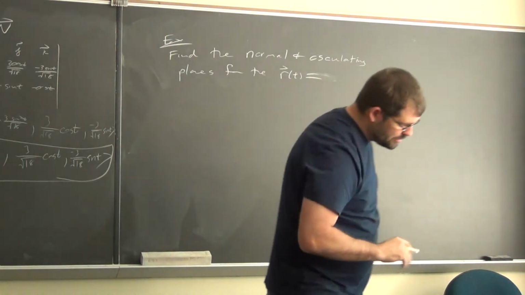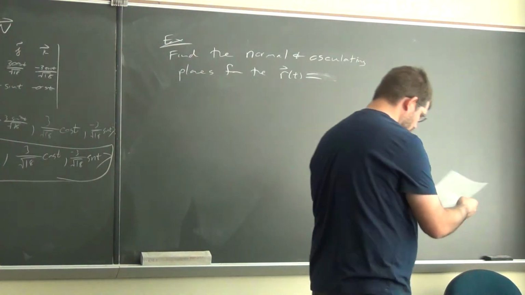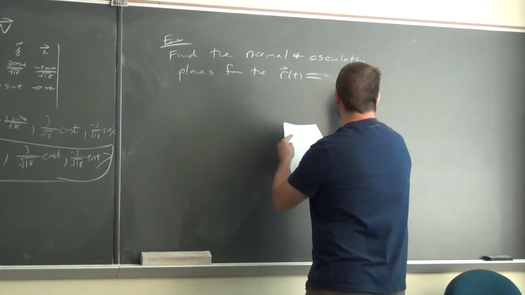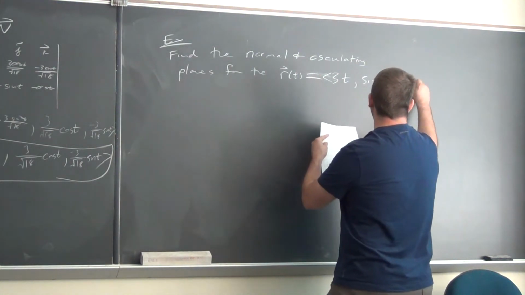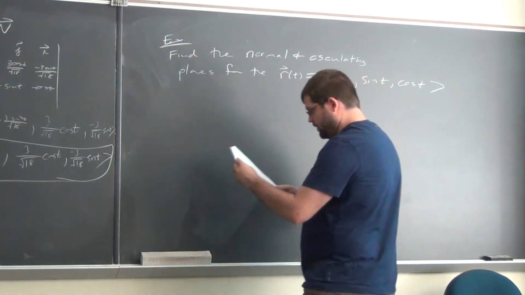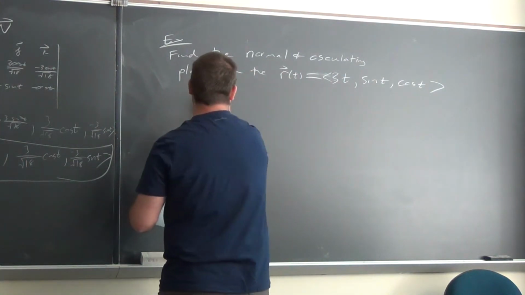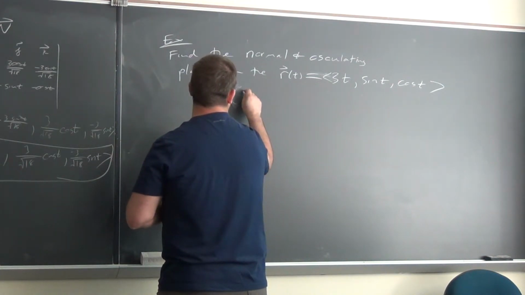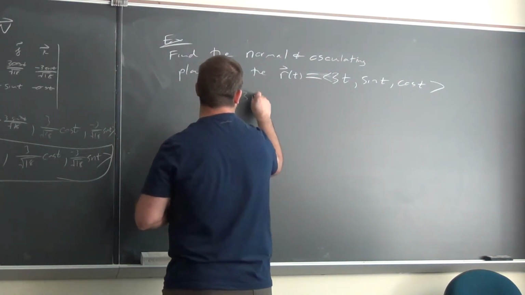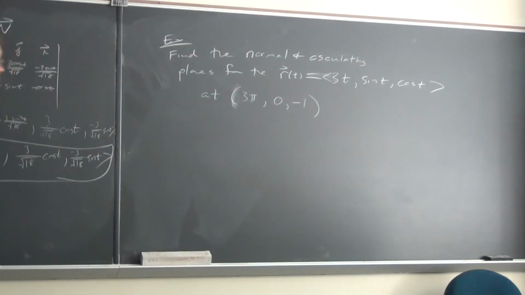What was it again? 3t, sine of t, cosine of t, at this point 3 pi, 0, negative 1.